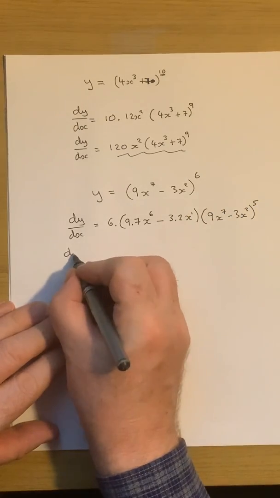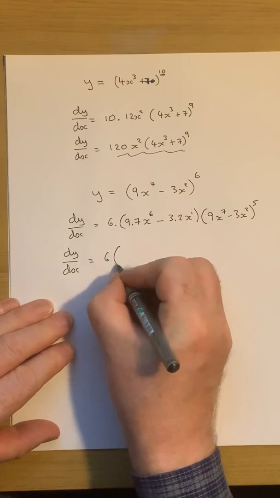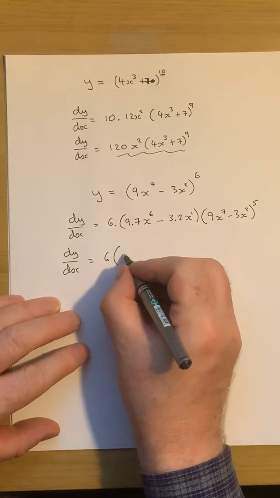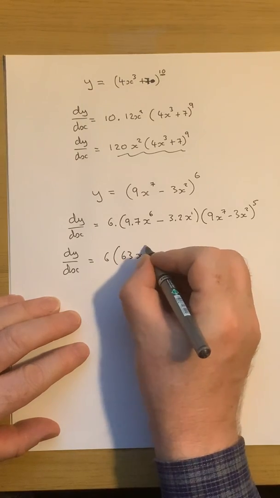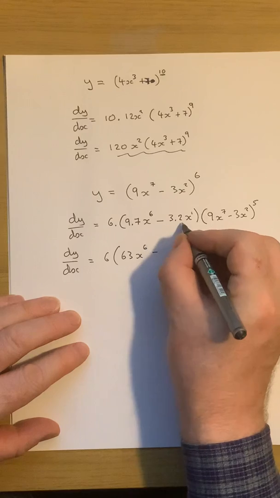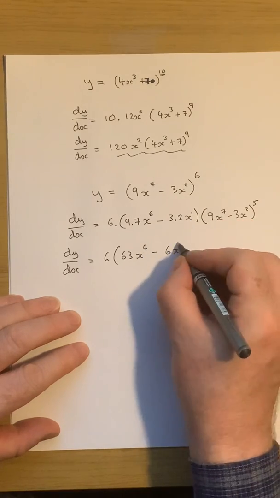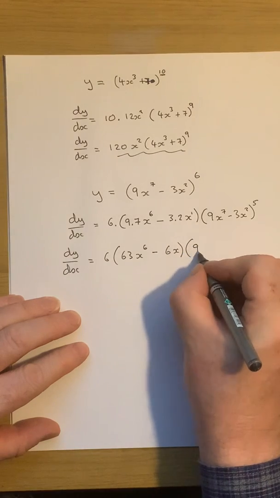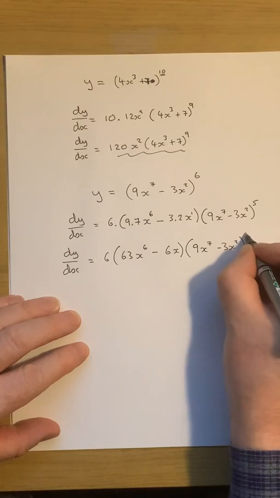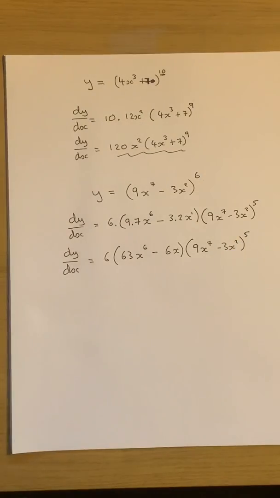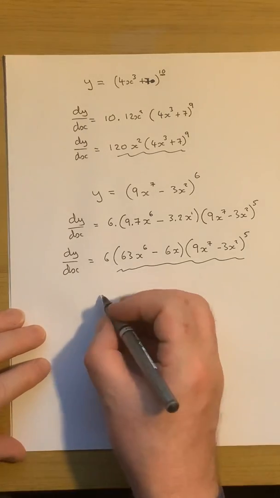So I'm going to tidy this up. dy by dx equals 6 on (9 sevens are 63, I almost forgot) x to the power of 6 minus 3 2s are 6, x, and because it's to the power of 1 we just write it as x. And then the final bracket, (9x to the power of 7 minus 3x to the power of 2) all to the power of 5. That is good enough.